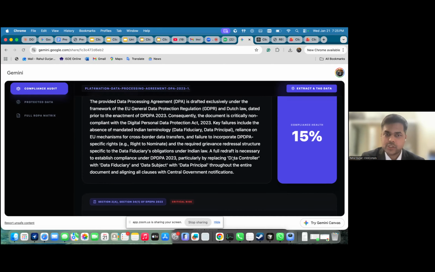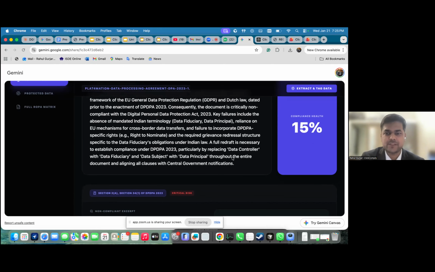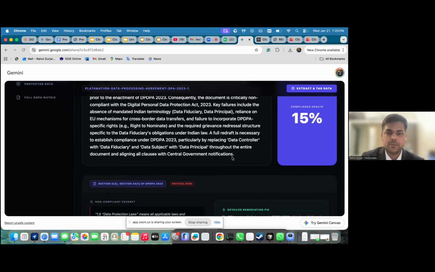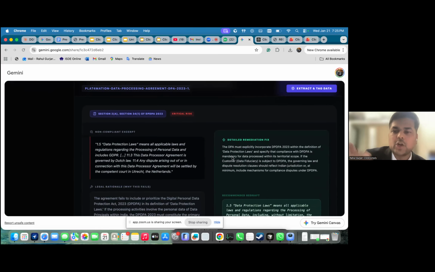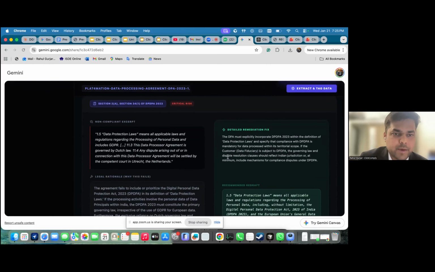So what it says is, this is just a summary. A full redraft is necessary to establish compliance under DPDP, particularly by replacing data controller with data fiduciary and data subject with data principal throughout the entire document, and aligning all clauses with central government notifications. Then it goes clause by clause. For example, apparently there's a clause that says data protection law means all applicable laws and regulations regarding the processing of personal data and includes GDPR. This data process agreement is governed by Dutch law.